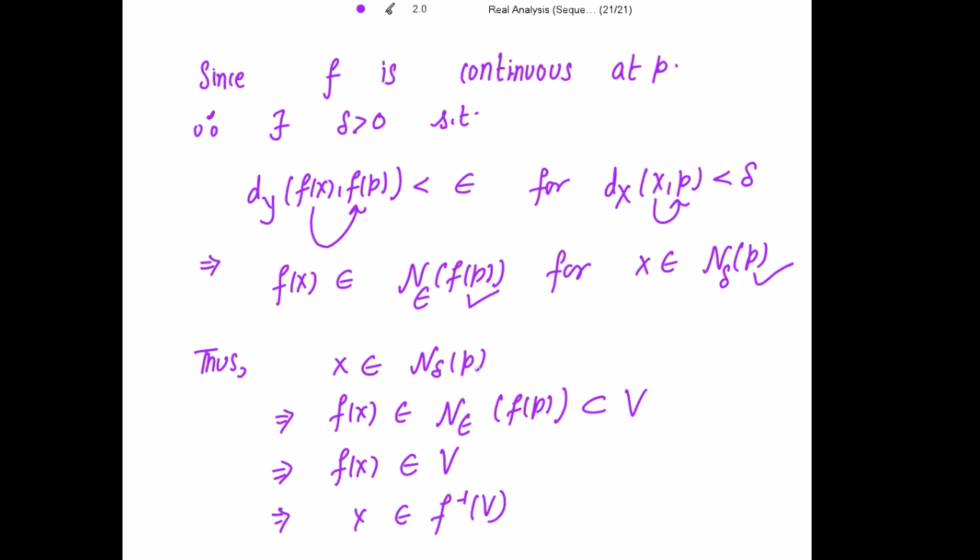From the delta neighborhood of P. And we have reached that this x belongs to f inverse V, which means this neighborhood is a subset of f inverse V. So this implies the delta neighborhood of P is a subset of f inverse V, right?